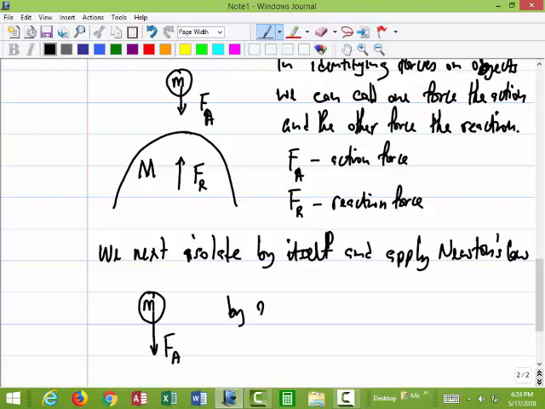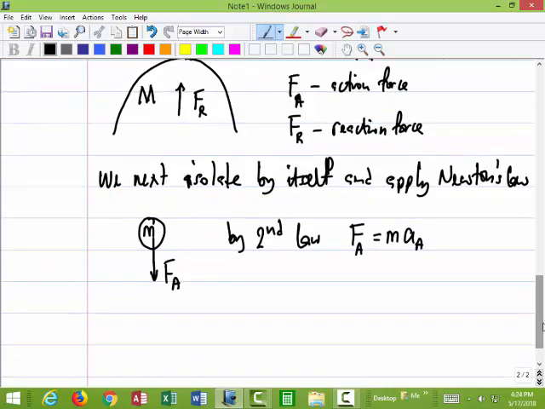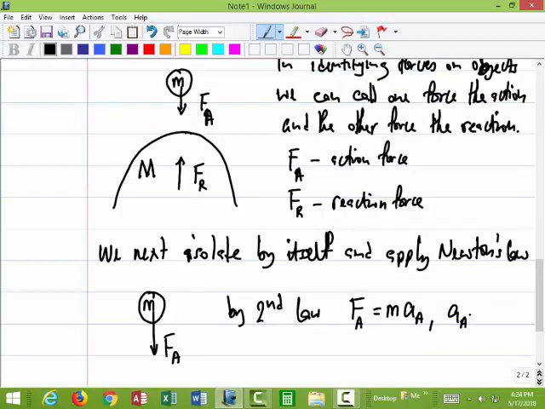By Newton's second law, the net force on this object is the force F subscript A. That is the only force present, and this should be equal to the mass of this object multiplied by its acceleration. So we can calculate the acceleration due to the action force as shown. That acceleration is then equal to the force F subscript A over the mass.